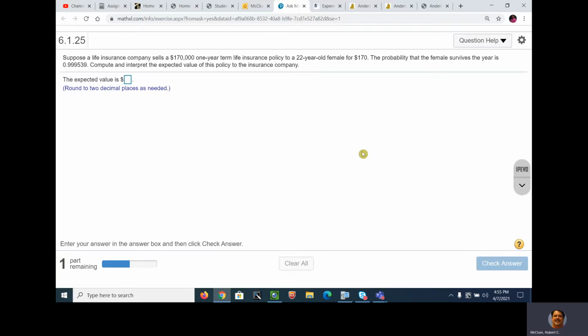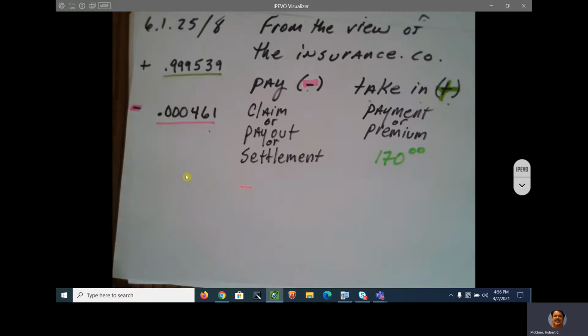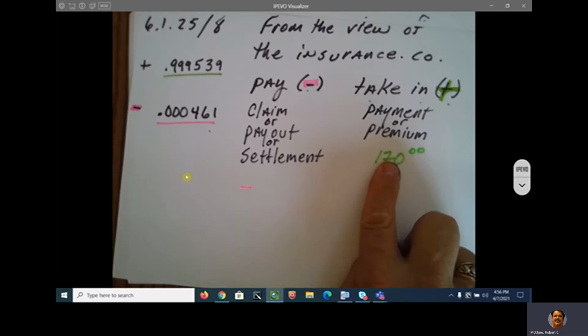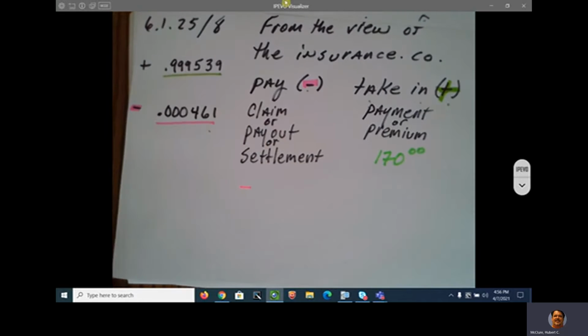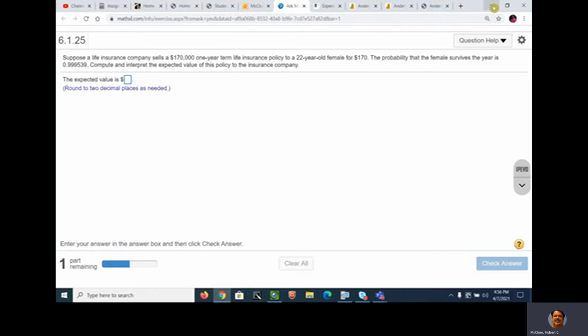But they don't like when somebody dies, because when somebody dies, they're going to have to pay out $170,000. Now the check is going to say $170,000. But now you got to look at this from the eyes of the insurance company. They've got 170 of your money. So on paper, they're not paying you $170,000.